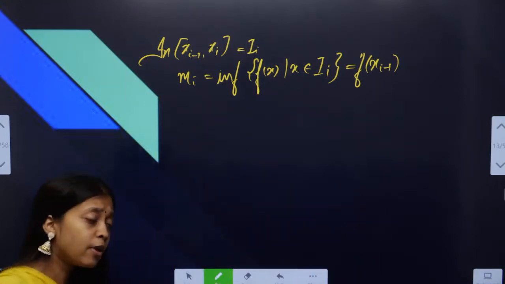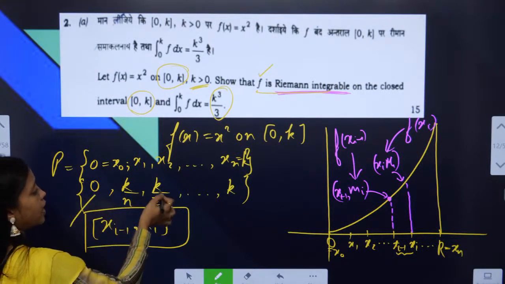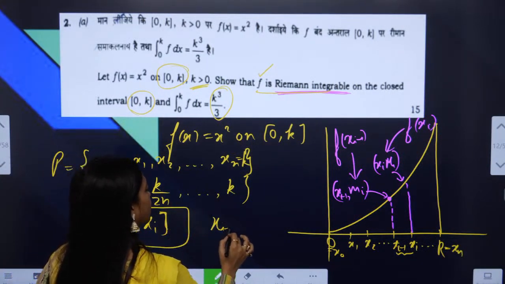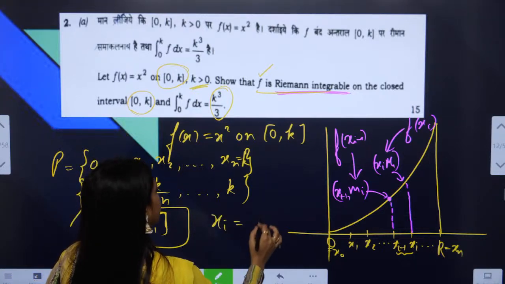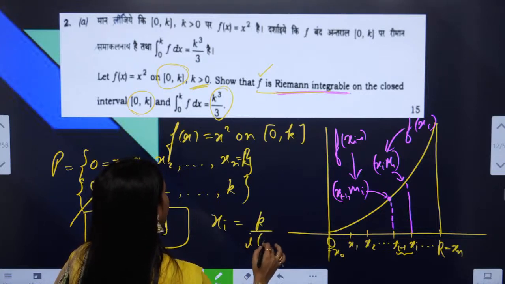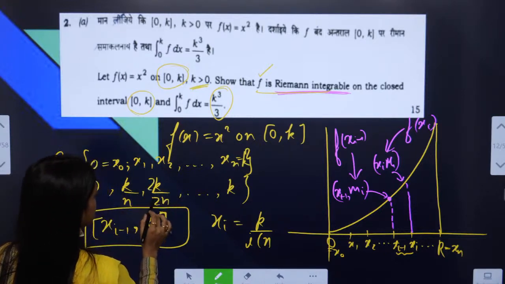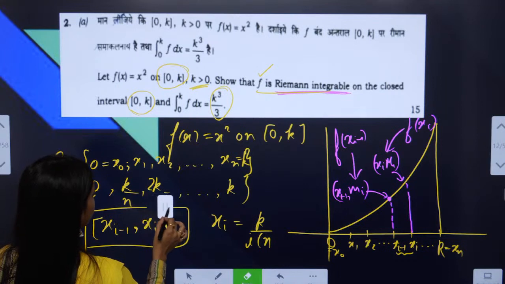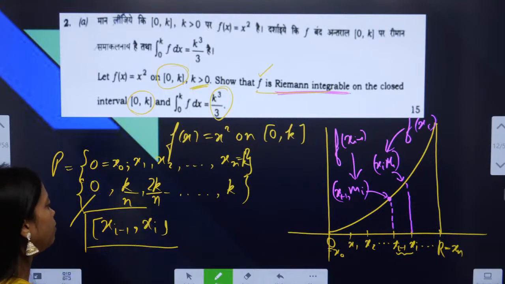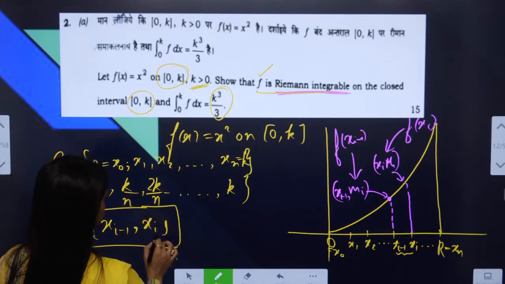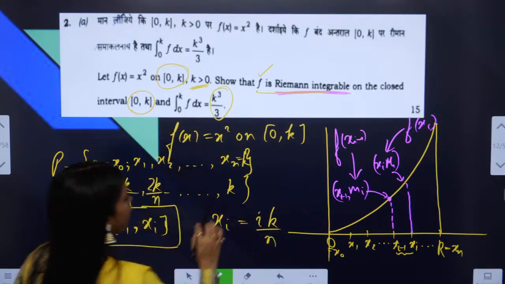Now, what is x_{i-1}? See, this is x_0, x_1, x_2. So, x_i will look like, the general expression of your x_i is ik upon n.